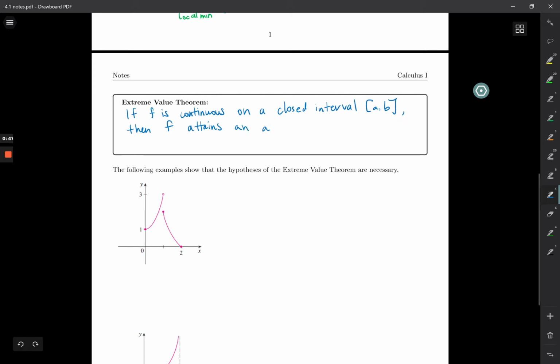So an absolute maximum value and an absolute minimum value.